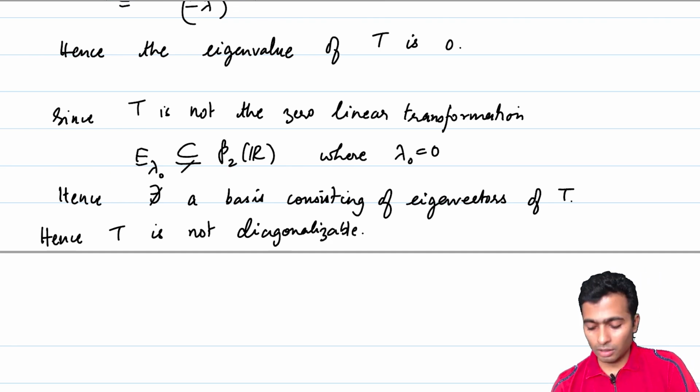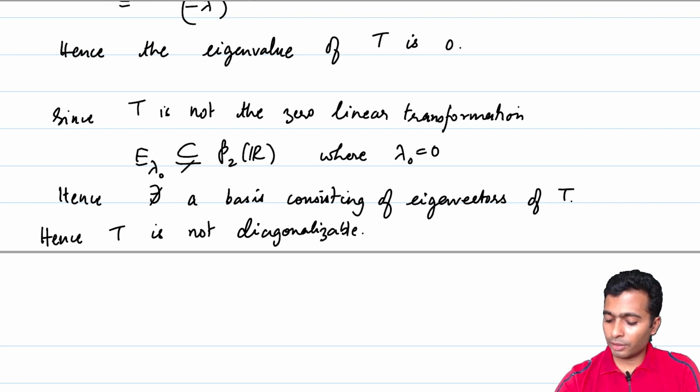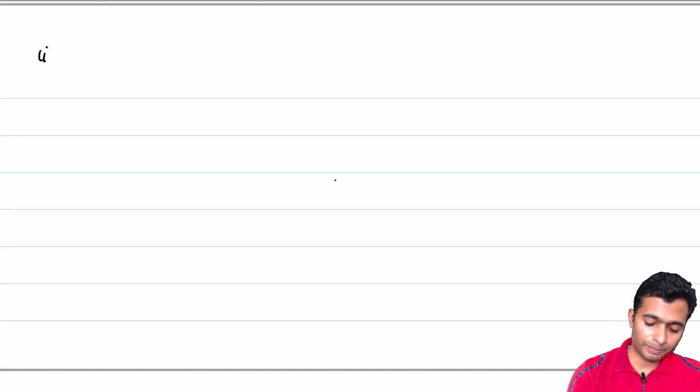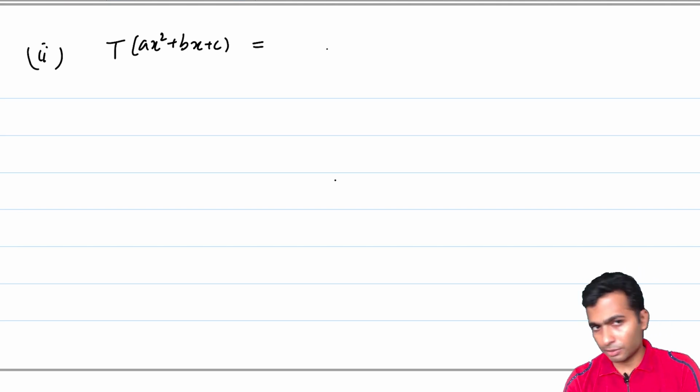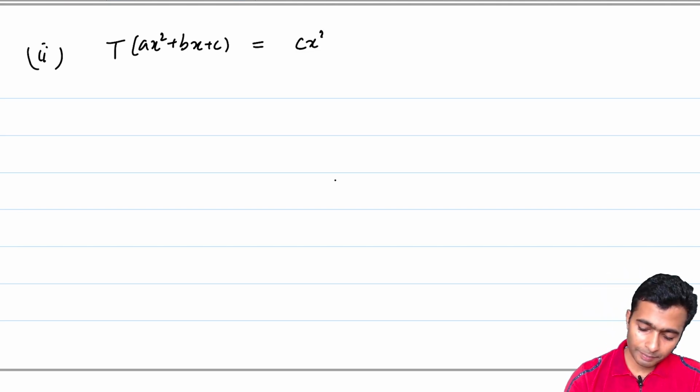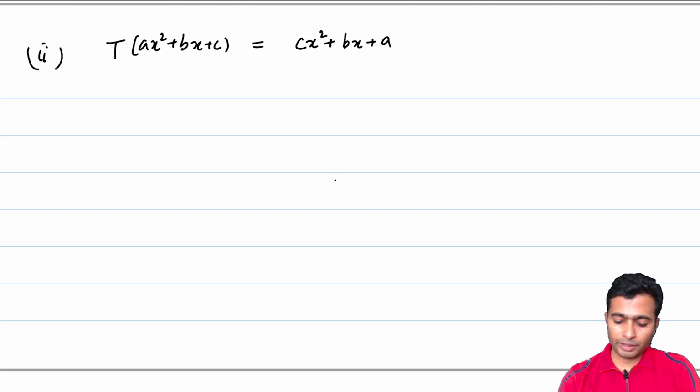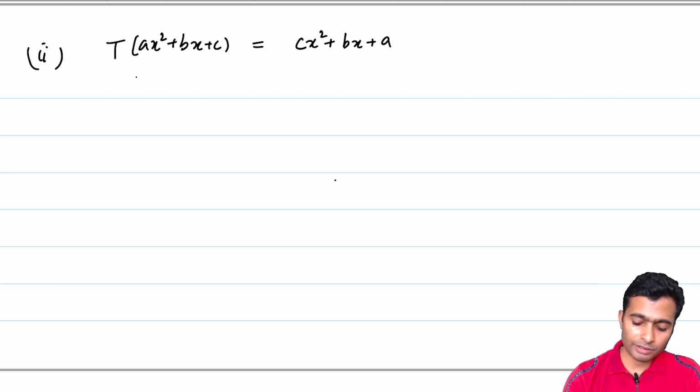The second one dealt with the following linear transformation. T of ax square plus bx plus c was defined as cx square plus bx plus a. So in particular, let's again take beta to be the same standard basis that we had considered earlier.